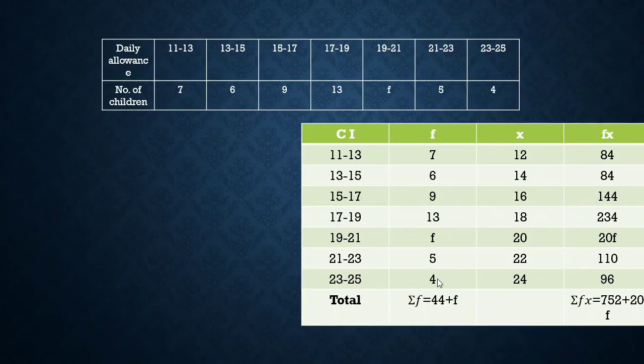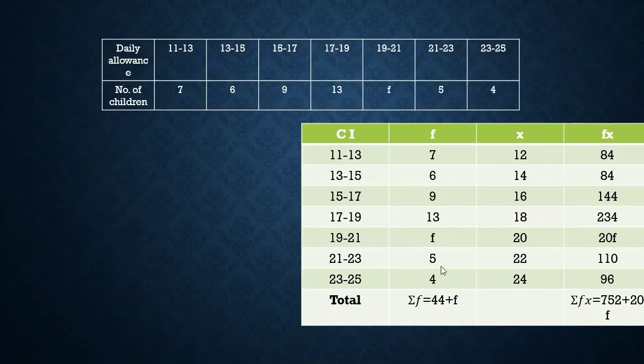Now, adding the frequencies, we get 7 plus 6 is 13, 13 plus 9 is 22, 22 plus 13 is 35, and 35 plus f remains as it is, 35 plus f.